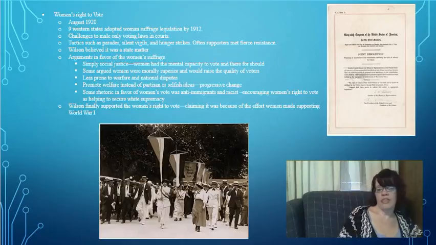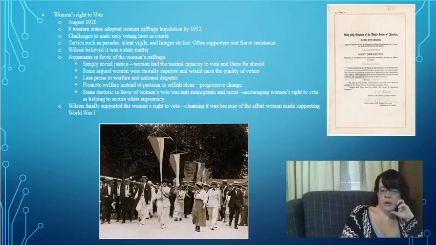And before that, as we mentioned, there had been some agitation for women's suffrage and the woman's right to vote. By 1912, 9 Western states had adopted women's suffrage legislation, so they allowed within their state the women's right to vote. There were also people challenging the male-only voting law in the courts.